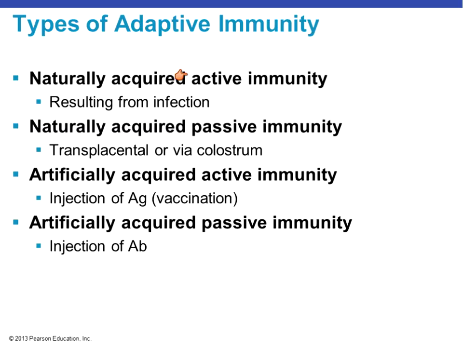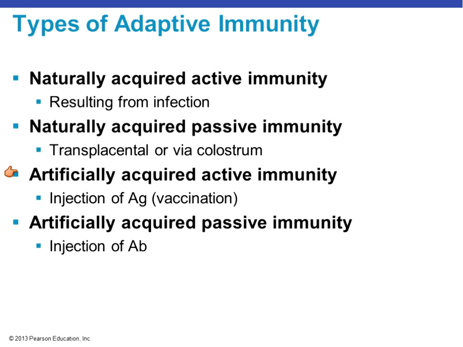So for active immunity, you're actively making your own antibodies. Passive immunity, you get someone else's antibodies. Naturally, you just got it in the wild, from being around little children or whatever. Or you can have it naturally through the placenta, or through the breast milk.